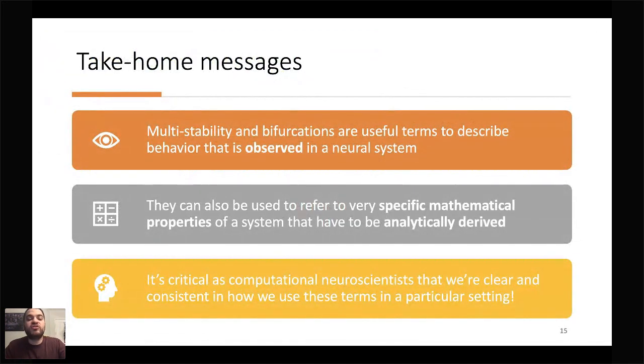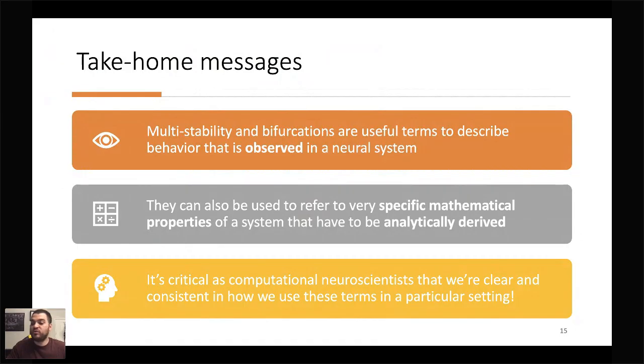So just to conclude here, it's important to know these terms because they will come up in the talks we're going to hear today. They'll come up throughout the literature. And it's important to know what the setting is you're using these terms in. Are you describing a biological system using this mathematical terminology, or are you doing mathematical analysis to make a prediction about the biological system using these mathematical tools?